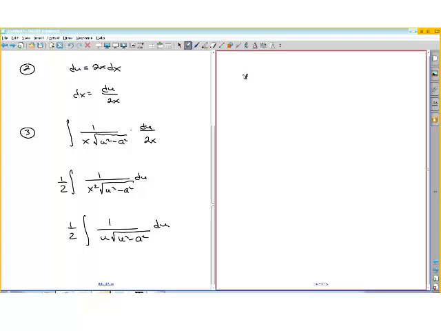Okay, so step 4 is integrate, which means just look it up in the book. So the integral of 1 over u square root of u squared minus a squared is equal to 1 over a the arc secant of the absolute value of u over a.